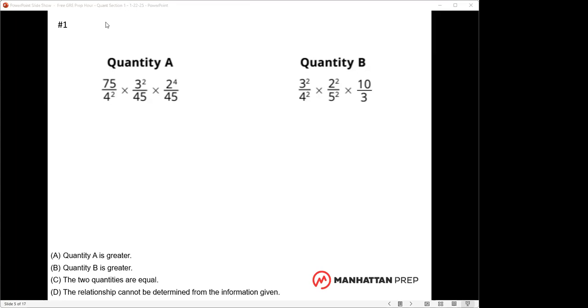So I'll do an auditory warning for this one. If you haven't already, take a moment to write down your answer A, B, C, or D for this one.